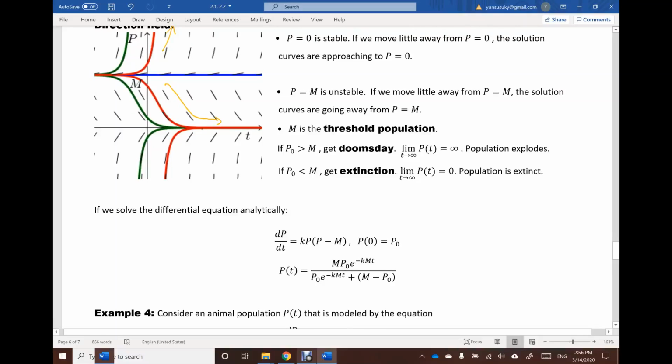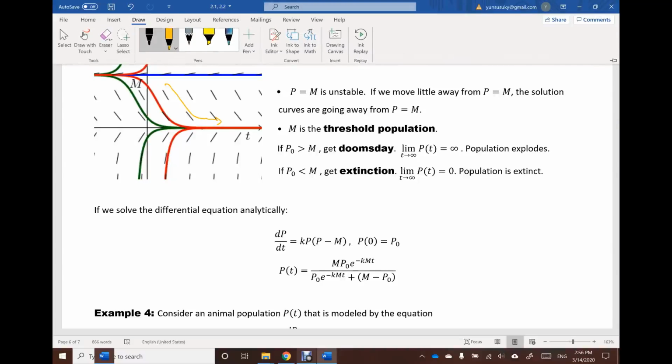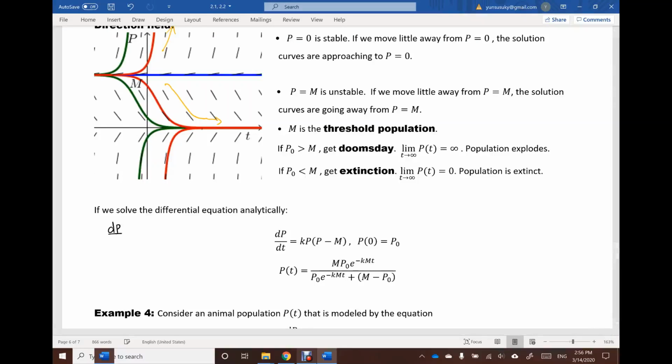If we solve the differential equation analytically, we're not going to do the same thing again, but do you still remember the formula we derived for the logistic model? For dP/dt equals kP times (M minus P), the formula is P(t) equals M P0 over P0 plus (M minus P0) e to the negative kMt.